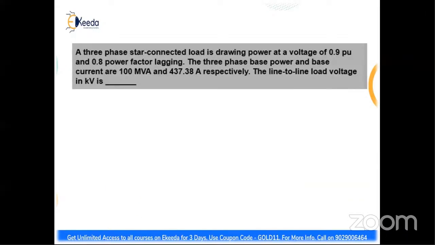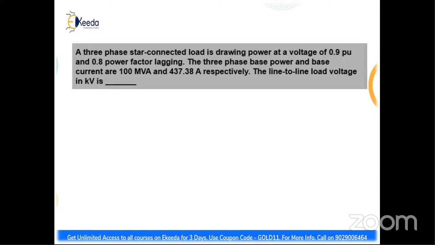Next is a three-phase star connected load drawing power at a voltage of 0.9 pu and 0.8 power factor lagging, right? Then the three-phase base power and base current are 100 MVA and 437.38 amps respectively.